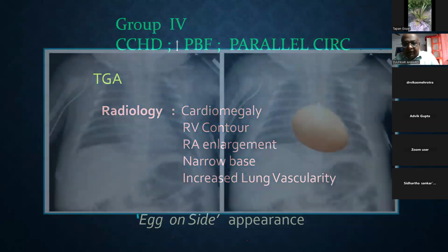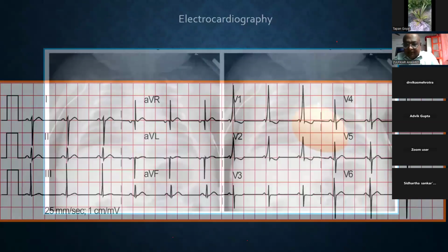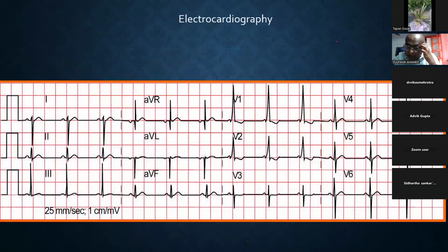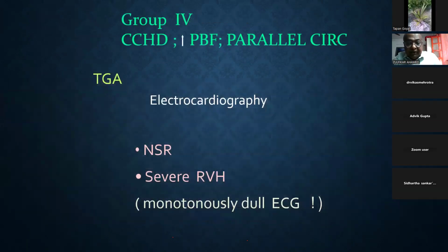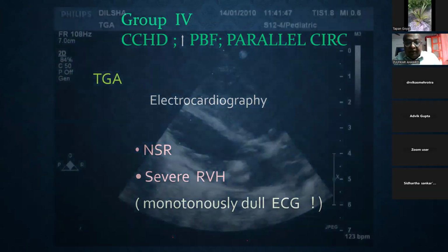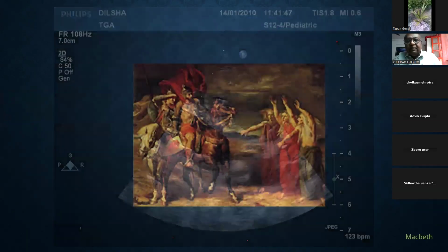But you must remember that egg on side appearance usually presents to you only after 3 weeks of being blue. So you must make a diagnosis of TGA much before they develop an egg on side appearance. The ECG will show a monotonously dull ECG showing right ventricular hypertrophy.